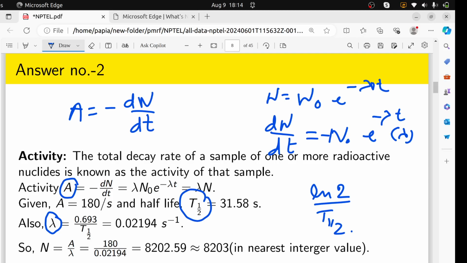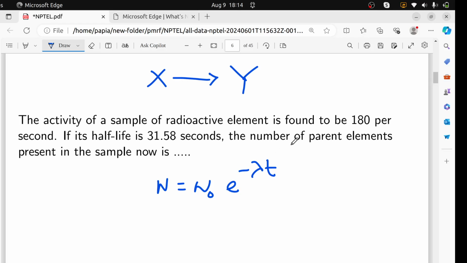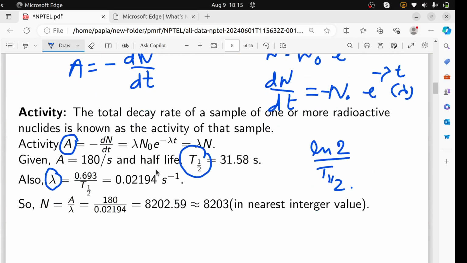Now what are they asking? They are asking what is the number of parent elements present in the sample now. That means they are asking about capital N, because capital N is nothing but the number of parent elements at time t equals t in the system. As we can see, A is given, lambda is given, so obviously N can be written from A equals lambda N, which is nothing but A by lambda.